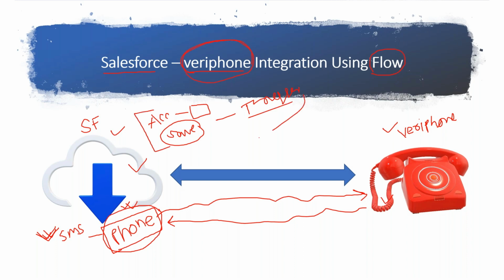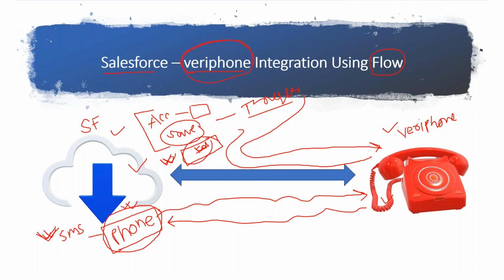Then the API call will invoke to pass that phone number to Verifone. Then Verifone will give me the response, and that response I'll take and update in one of the fields in the account. For example, I'll create a new field, phone is valid or not. I can create that and I can just update that as true or false. Okay, so that kind of thing I am going to do.